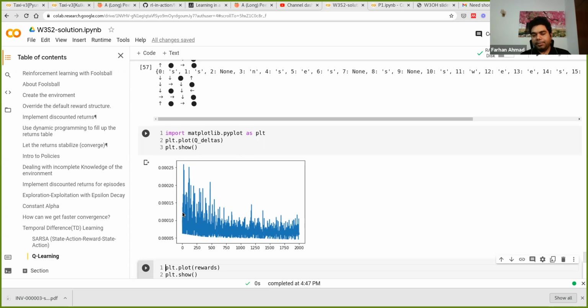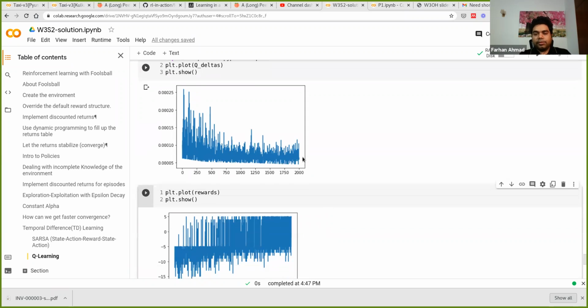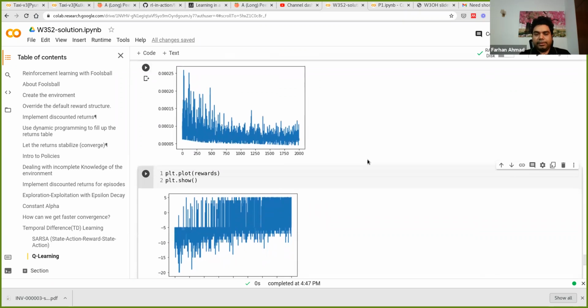It's not very clear, but if you think in terms of averaging, perhaps the average over here was something like this. This was the average change in the value of a state-action pair, and then as the training proceeds, that average becomes really small, right? And there's a lot of noise.